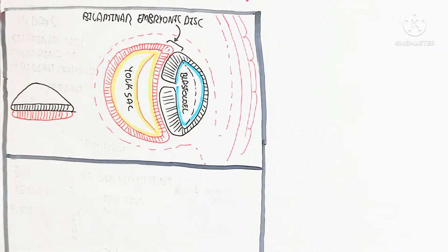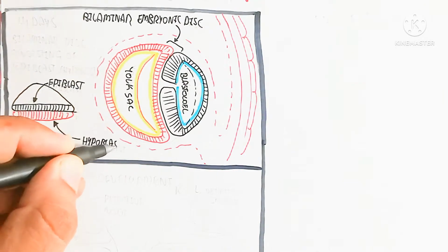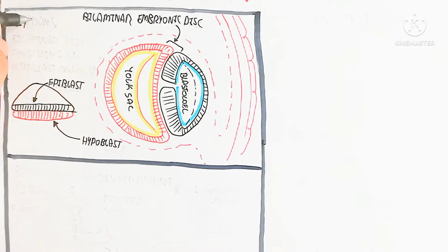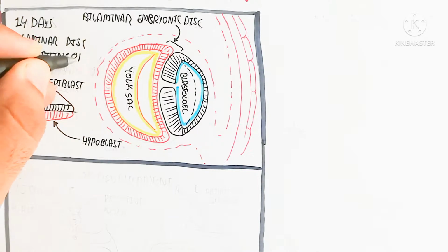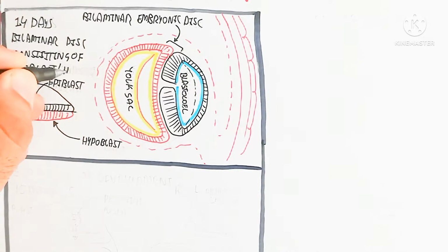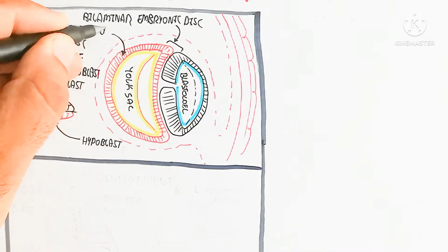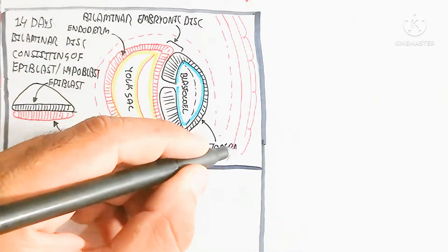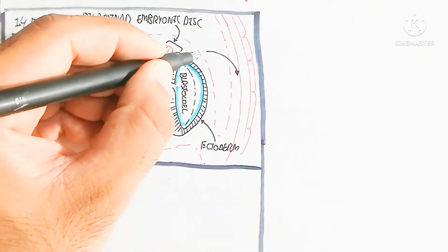This bilaminar embryonic disc is made up of hypoblast and epiblast. The epiblast contains a blastocele cavity, a chamber-like space, while the yolk sac is also chamber-like and is the precursor of endoderm, while the blastocele-containing chamber is the precursor of ectoderm, for example skin.